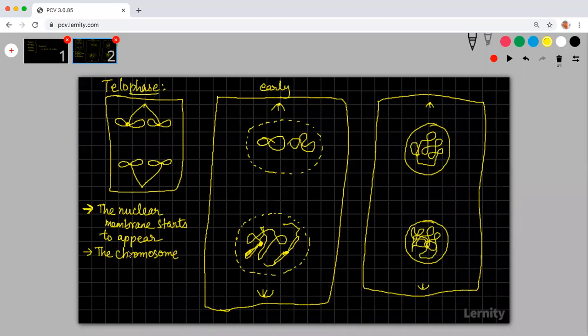The chromosome decondenses to chromatin reticulum. Please copy this down. This diagram is pertaining to anaphase, and these two diagrams are pertaining to telophase.